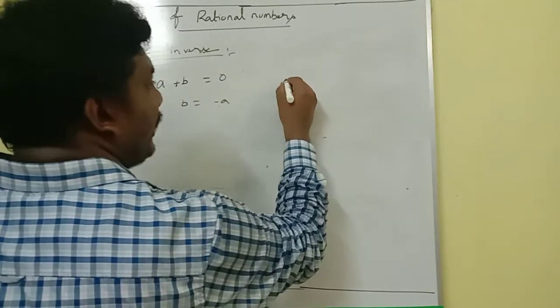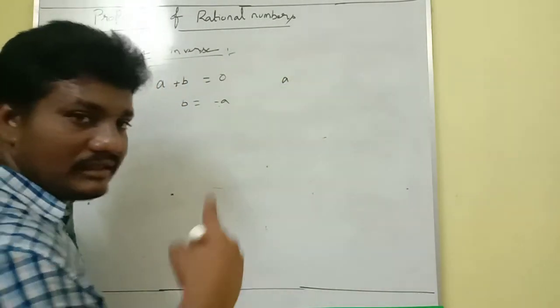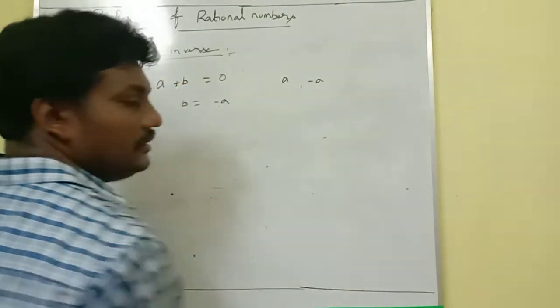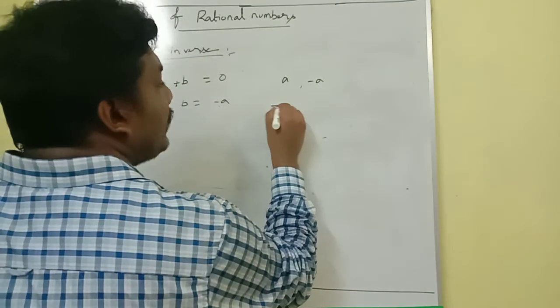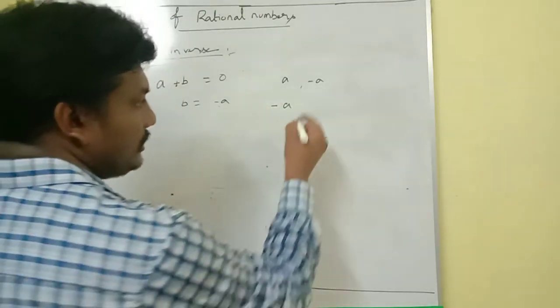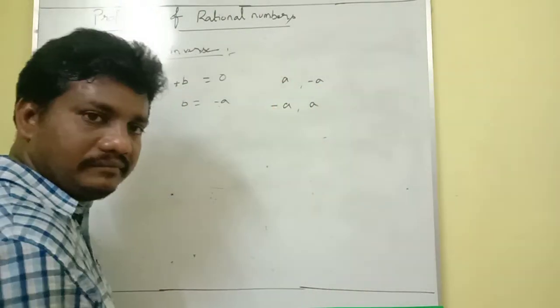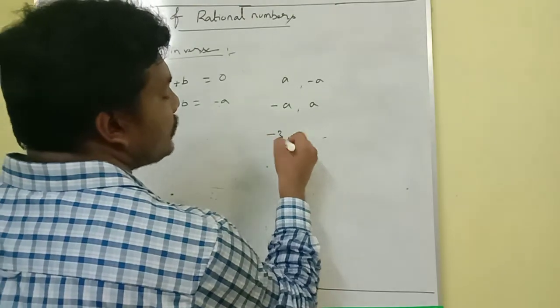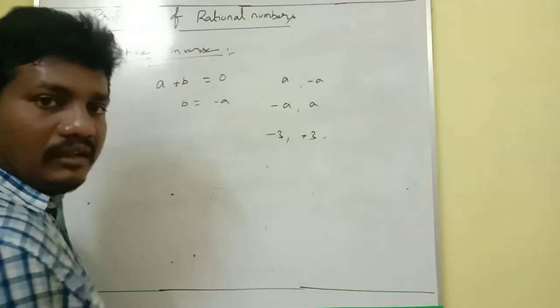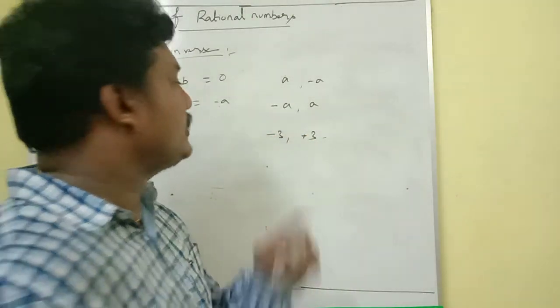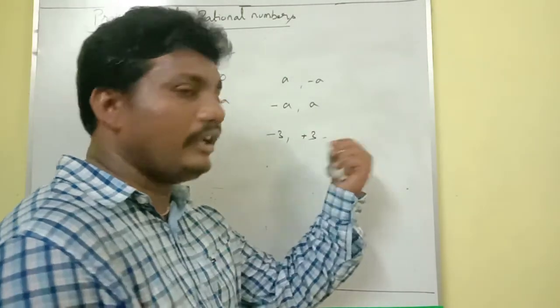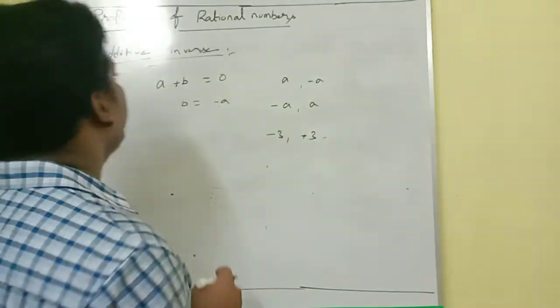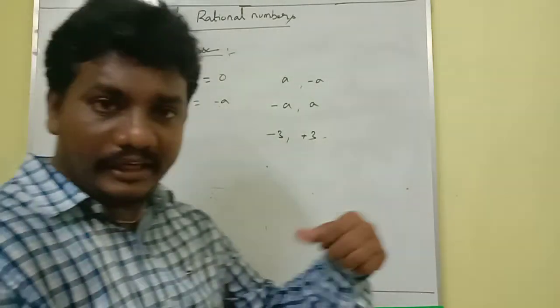If a is any number, its additive inverse is minus a, simply by changing the sign. If minus a is the number, its additive inverse is plus a. If minus 3 is a number, its additive inverse is plus 3. So it is very simple. Additive inverse is nothing but the negative of a number.